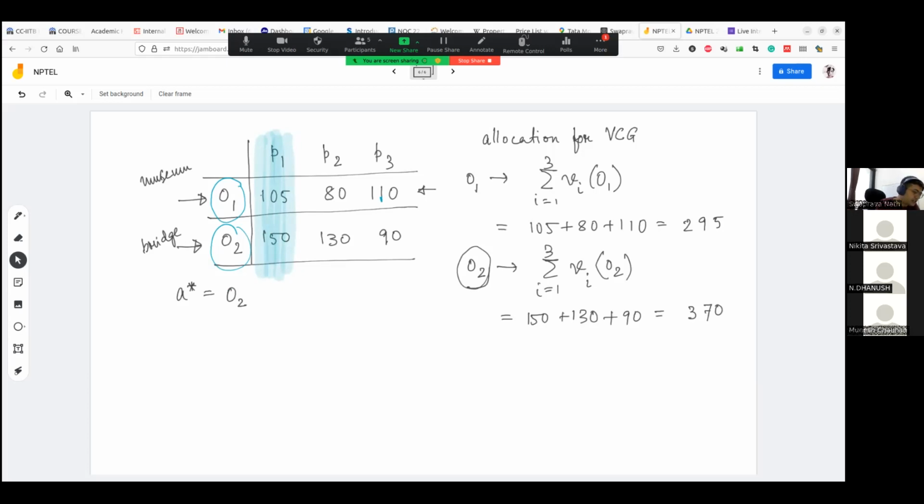You can see that here it will get 190 as the sum of the values, but here it is 220. So outcome O2 remains the same.